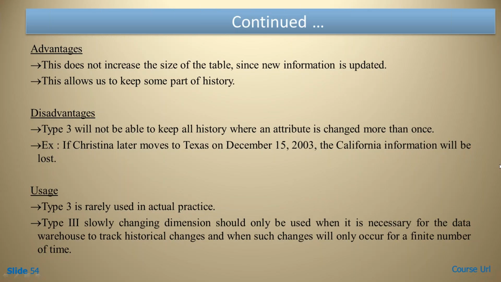The data which we use will only be reflected. In SCD type 2, the current data and the historical data will also be available. And in SCD type 3, current plus just one previous data.